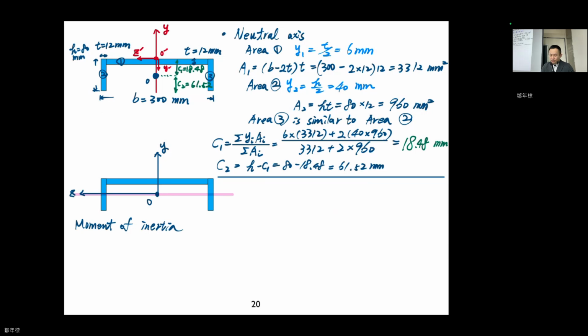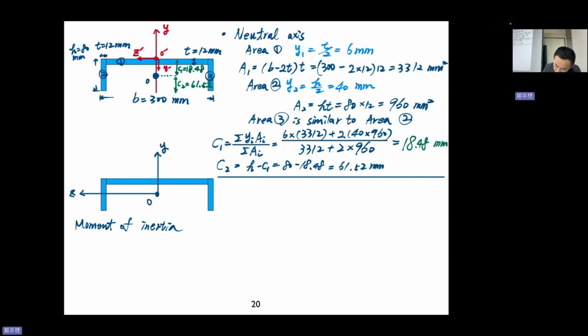But the bad thing is that the first area has its own, sorry, I shouldn't use pink. I should use green, right? I mean, yeah.